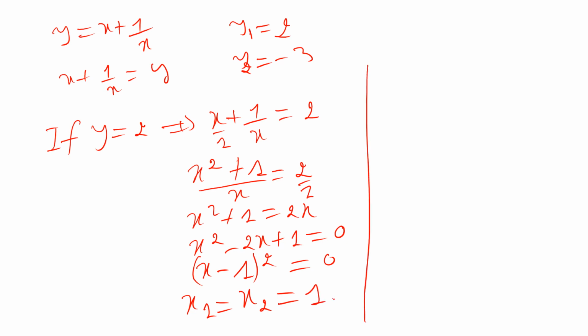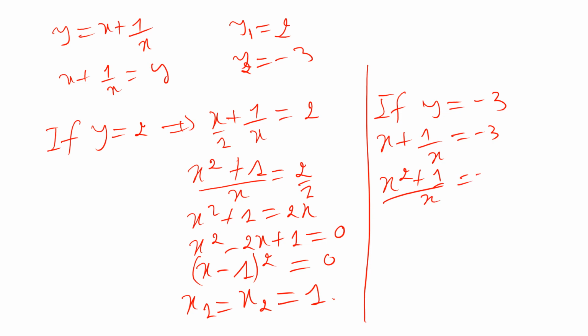Now, if y is equal to negative 3, now we have x plus 1 over x equals negative 3. Just x squared plus 1 over x equals negative 3. x squared plus 1 equals negative 3x. x squared plus 3x plus 1 equals 0.